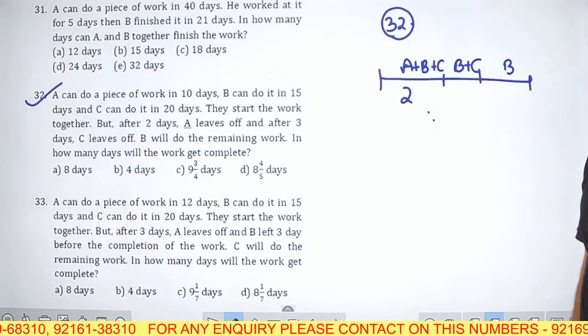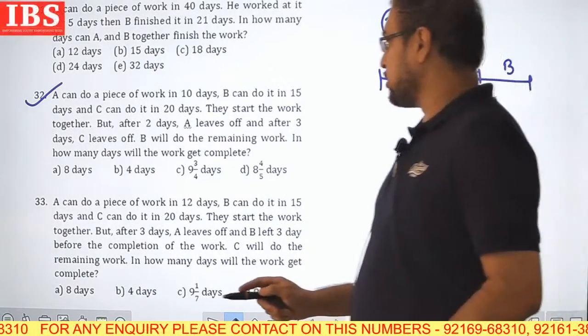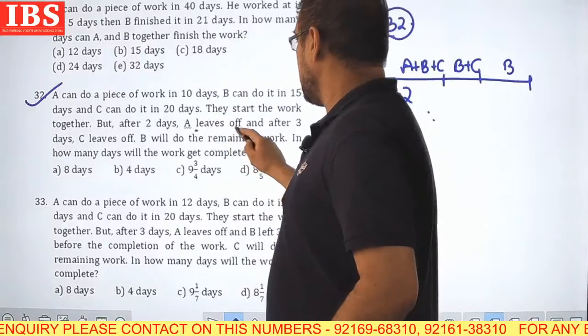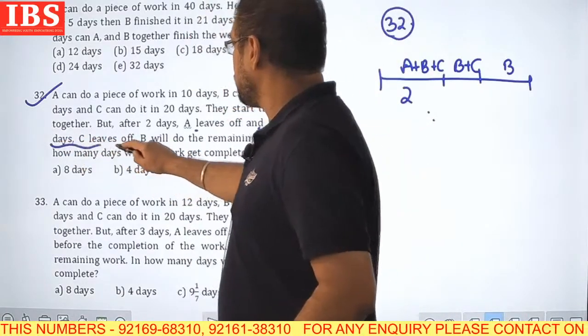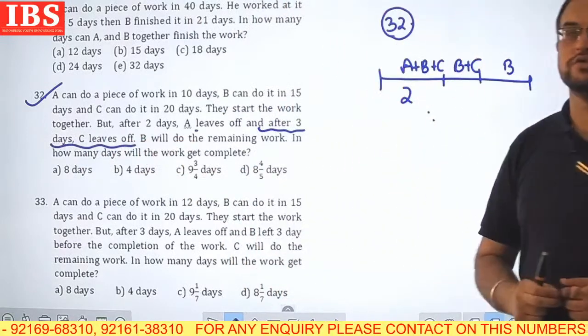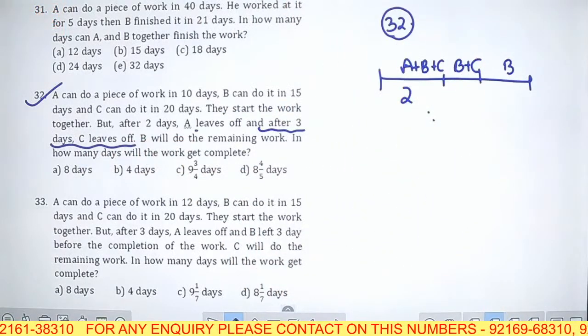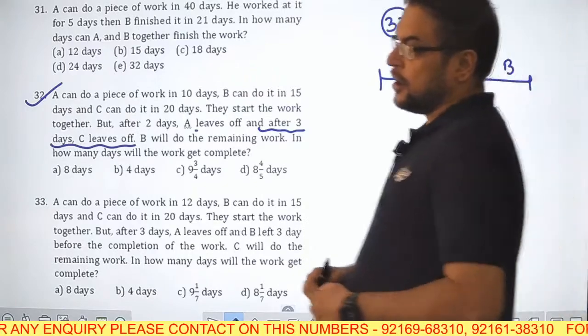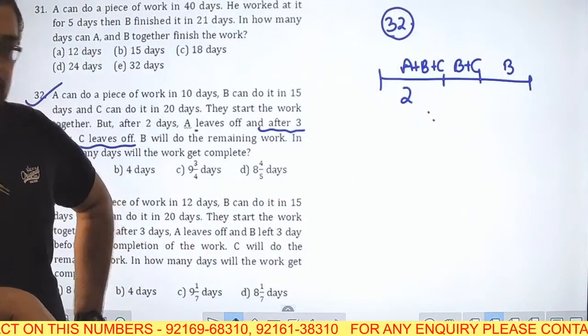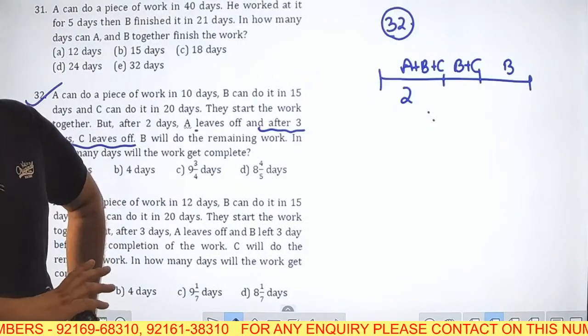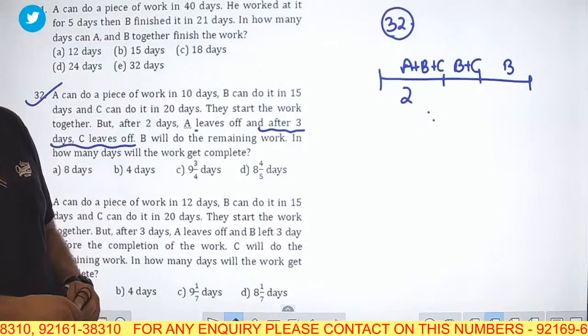So in this question, this is the important point: A leaves off and after 3 days. This is the most important line in this question. This is the trickiest line, where students make mistakes. This is a very important line.